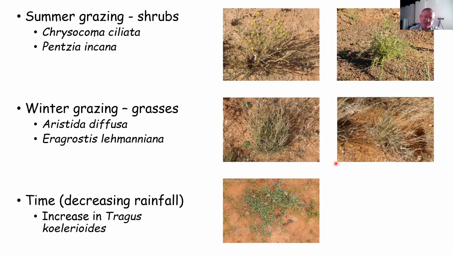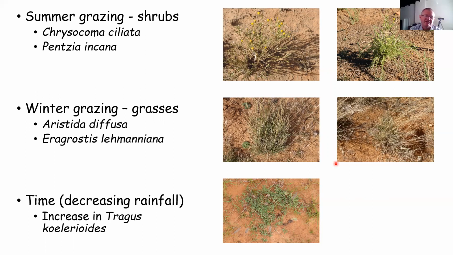And interestingly, just a little nugget of information, is Tragus. Tragus is a perennial creeping grass. And we found that as rainfall decreased, the abundance of Tragus increased. So it was managing to occupy the space that had been vacated by the other perennial grasses, especially those that were being eaten out.